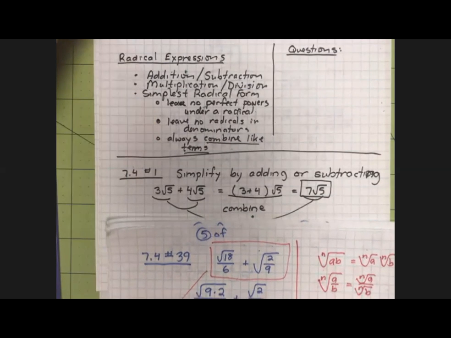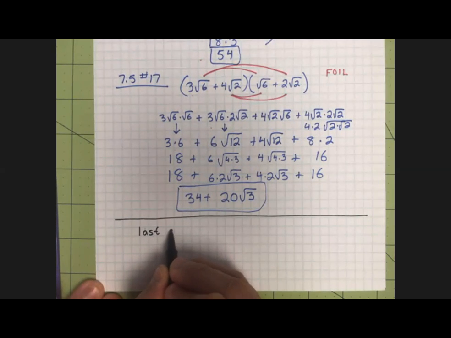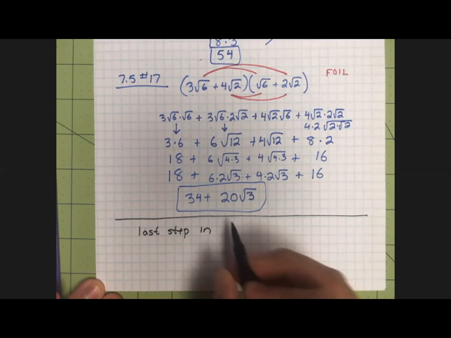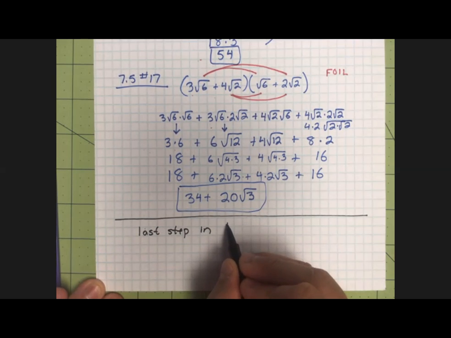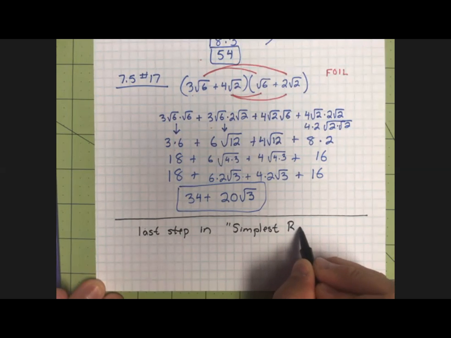It makes it easier to divide if you're dividing by a whole number. So this is the last step in simplest radical form.